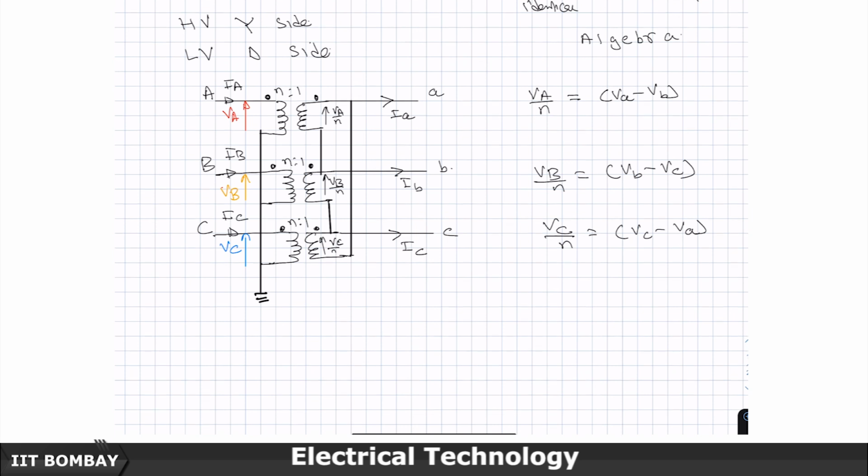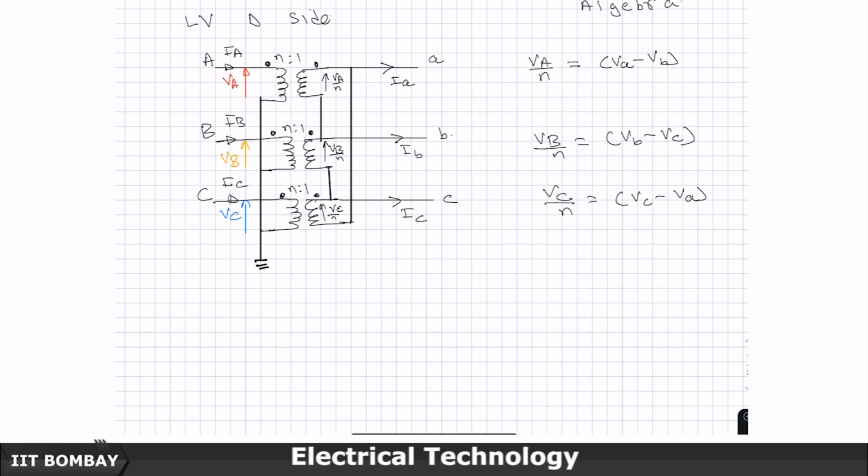Now, because the system is balanced, we know that vb is a squared times va. I will do it geometrically later on.